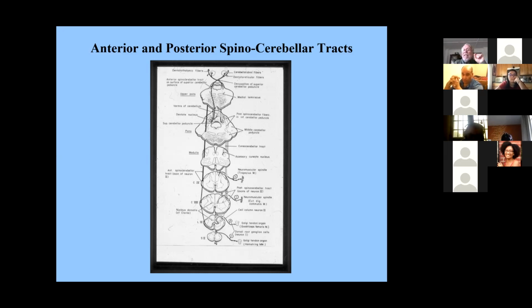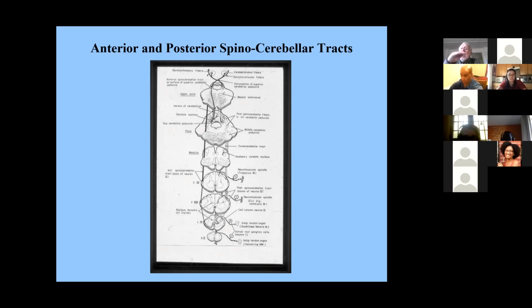Then you can look at that particular level of the spinal cord, and if there was damage there, what type of functional significance would this have for different types of sensory information? Well, by affecting the anterior spinothalamic tract, we would be affecting gross touch, gross temperature, and gross pressure.